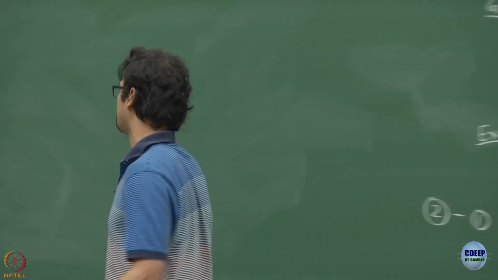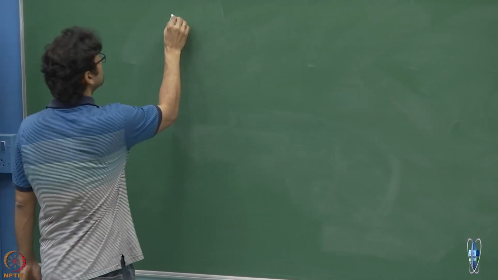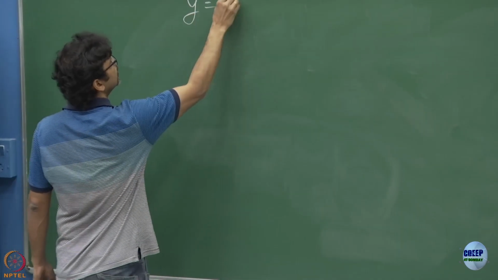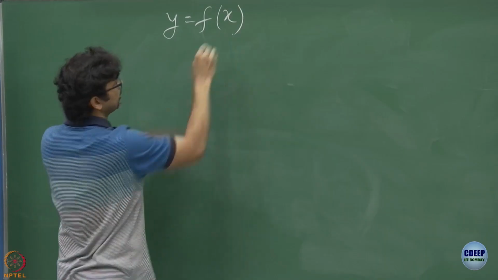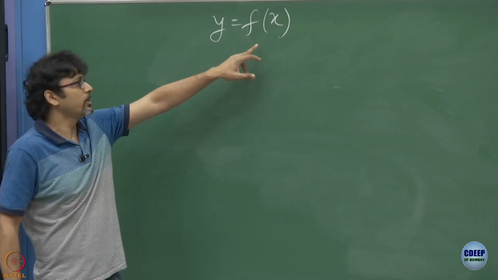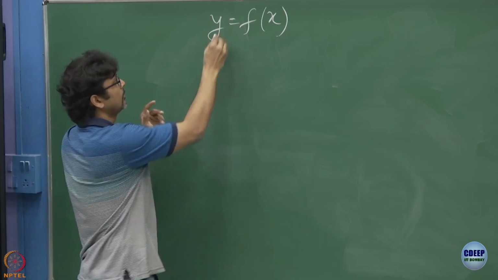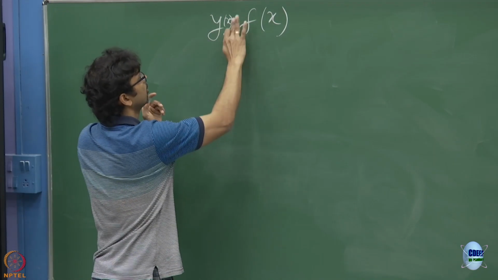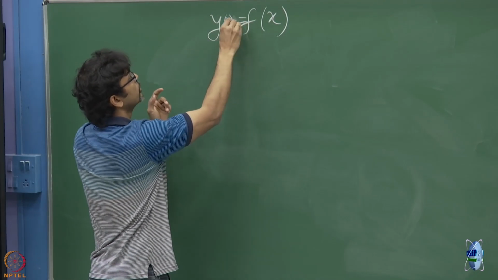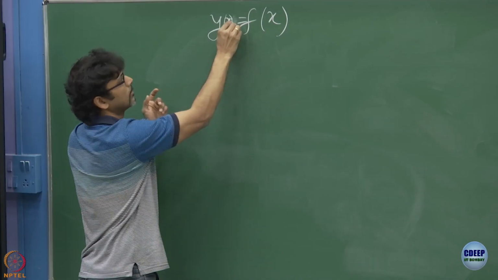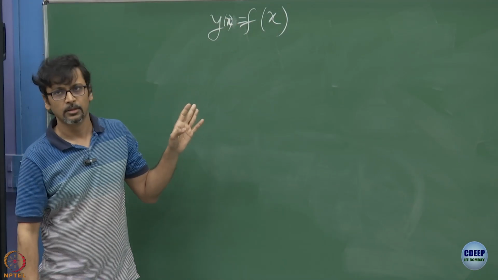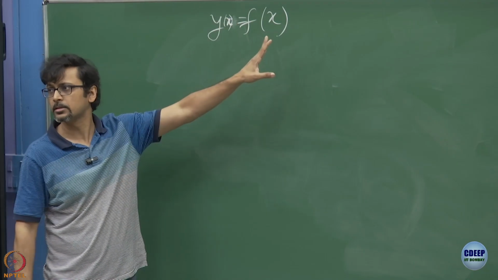So, let us consider y is equal to f of x as the kind of curves we have in mind. So, hereafter instead of writing f, we will write y. You can just say y as a function of x, okay. Just make this transition in your mind. The function f of x is just y is equal to f of x, okay.